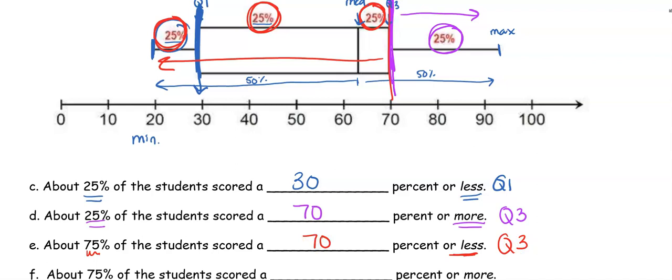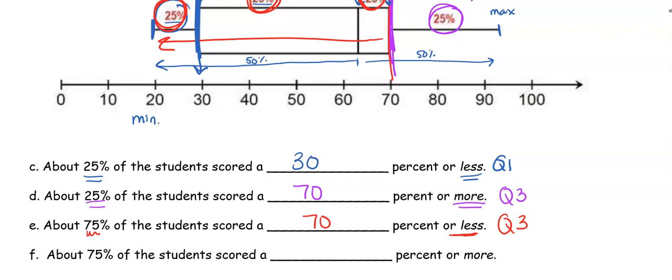And then our last one, another way to phrase this, about 75% of the students scored this or more. So 75% of your students had this score or something higher. Right here, 75% of our student body is above that score of 30. So it's another way to reference our Q1 value.